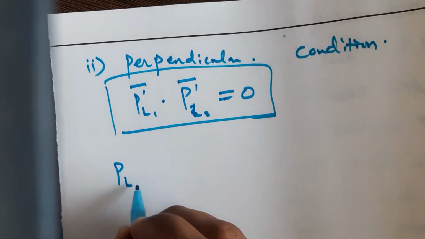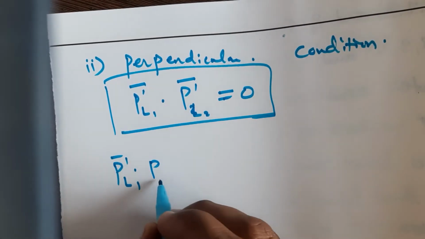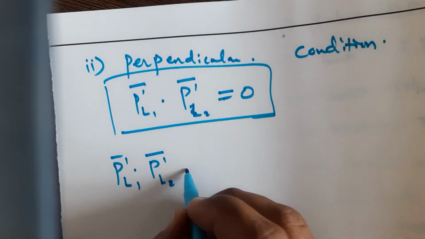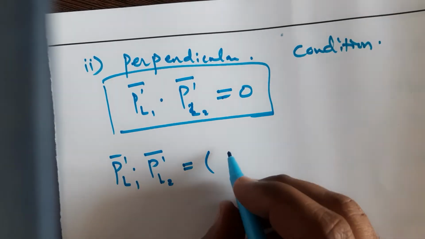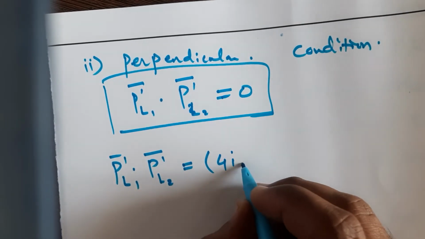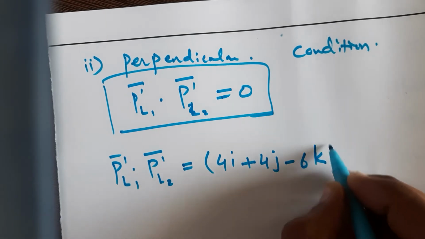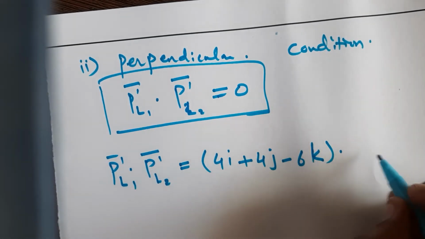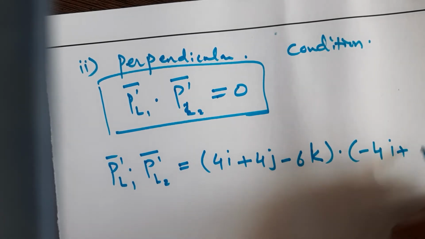So PL1 dash bar dot product PL2 dash bar is equal to, now for the dot product we write PL1 as 4i plus 4j minus 6k, dot product, now minus 4i plus 6j plus 6k.